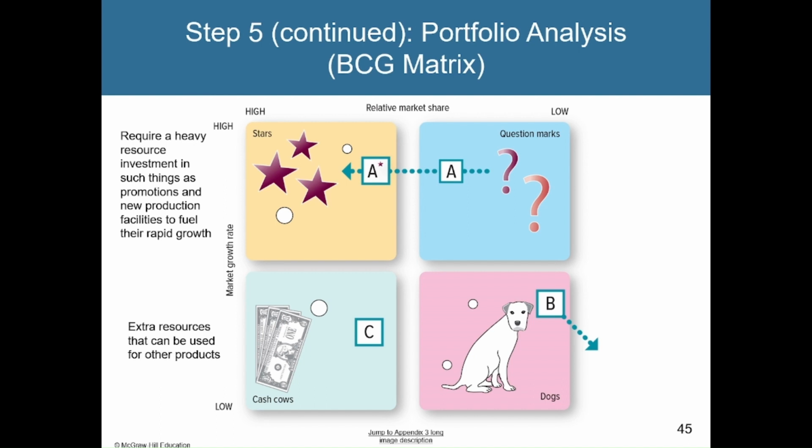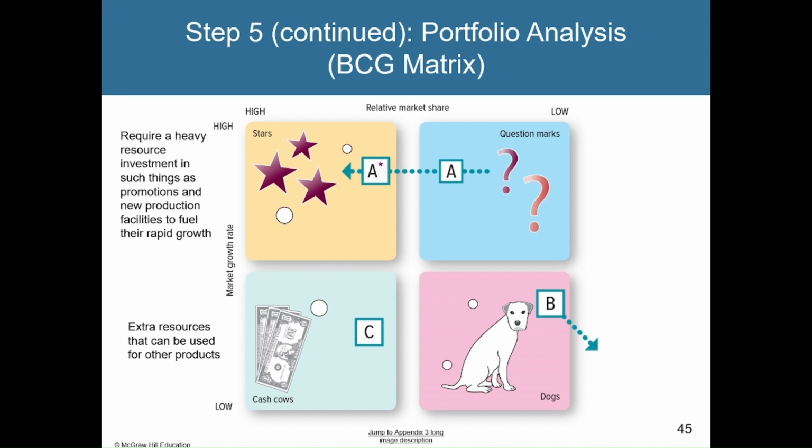The second category is called cash cow. Products in this category are in a low growth market but are high market share products. Because these products have already received heavy reinvestments to develop their high market share, they have excessive resources that can be used by the other products.